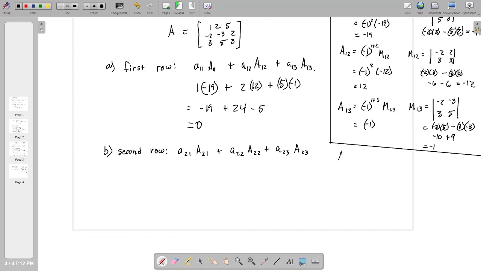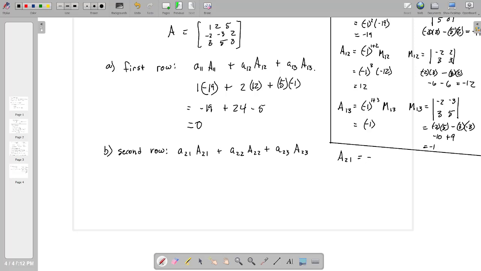So we need the cofactor a sub 2,1. So now what we're doing is crossing out the second row and first column. And the remaining matrix will be 2, 5, 5, 3.